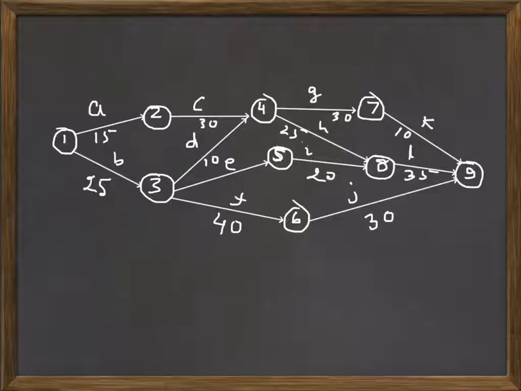You can see that there are arrows and there are a few nodes like this, say node 2, node 5. Whether you represent an activity on arrows or on nodes, based on that we decide whether the network diagram is an activity on arrow network diagram or an activity on node network diagram.